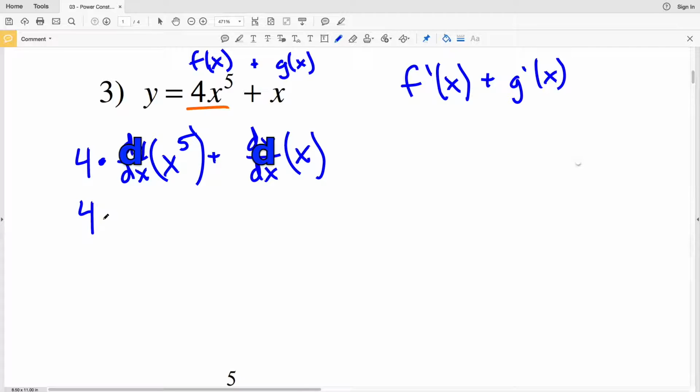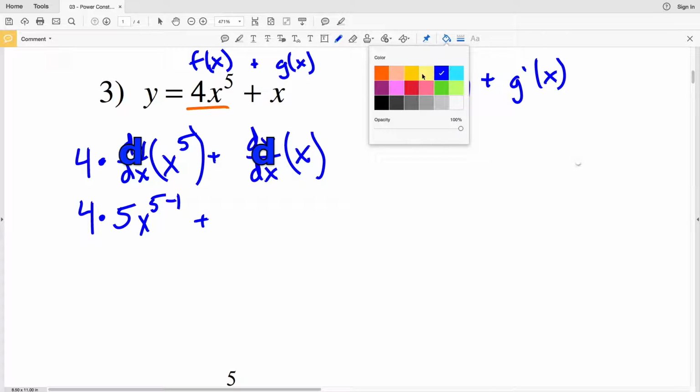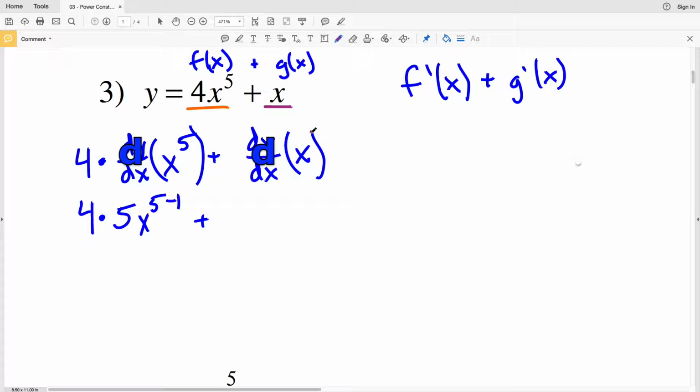So we'll have 4 times the derivative with respect to x using the power rule for x to the 5th, that's going to be n times x to the n minus 1, where n is 5, that's 5 times x to the 5 minus 1, and we're adding that to the derivative of x, but in this case, our exponent of x is 1, so that's going to be 1 times x to the 1 minus 1.